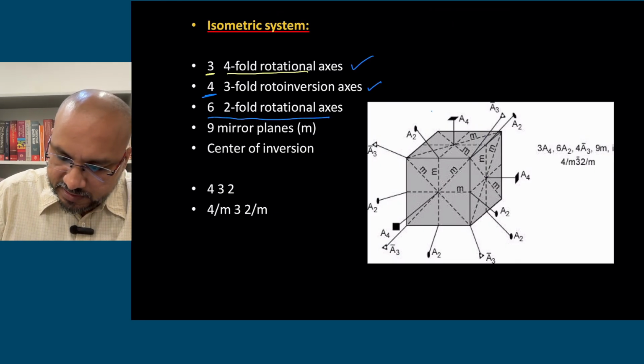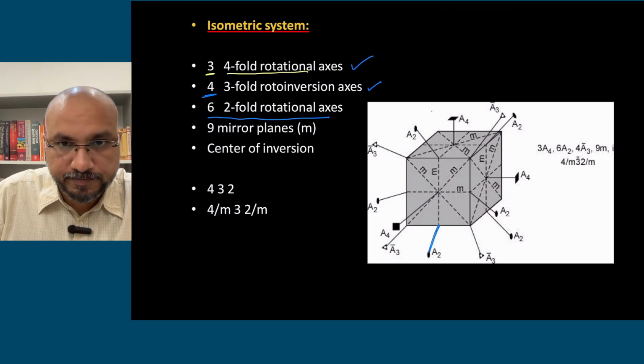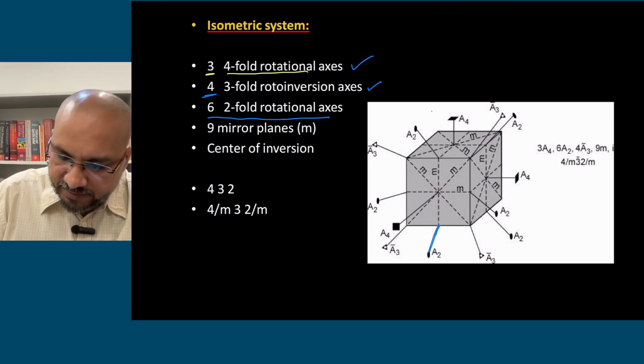So look at where the two-fold rotation axes are, right? One two-fold rotation axis is passing from this bottom edge to this top edge. Second one is passing from this bottom edge to this top edge.